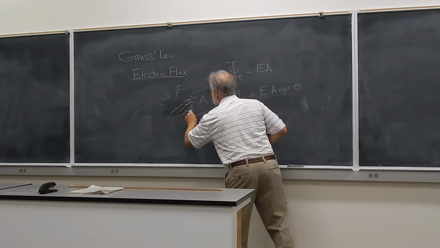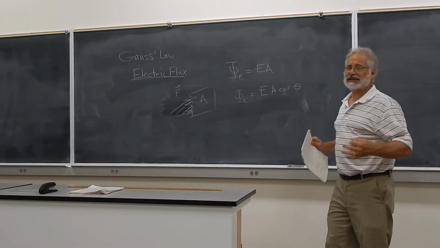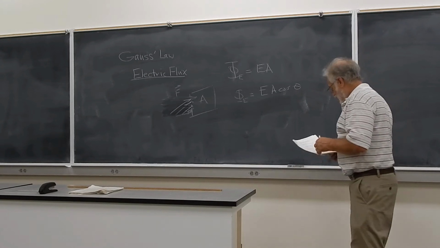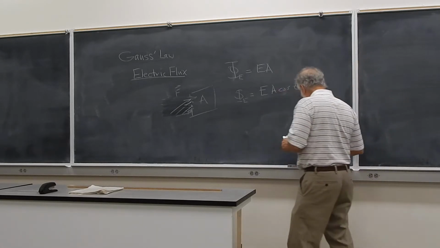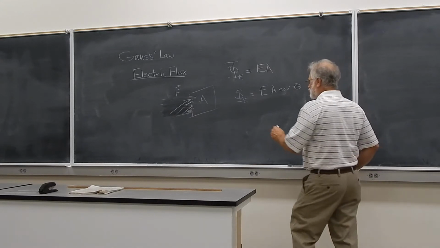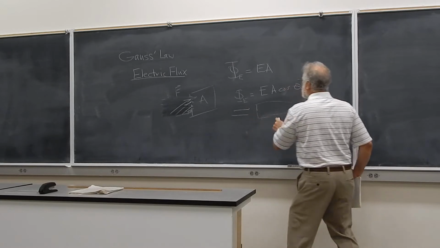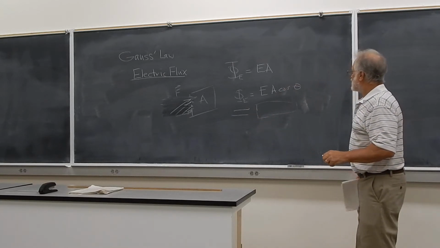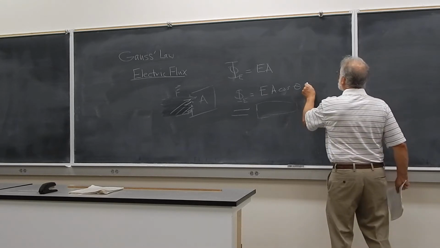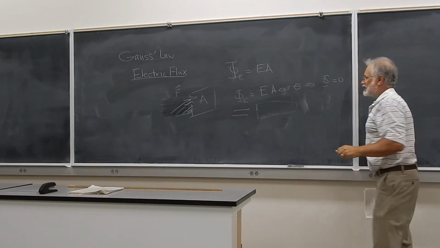So it would be decreased by a factor of cosine theta, since cosine theta can't be greater than 1. On the other hand, we can take it to extremes. If the field lines are coming parallel to the surface, such that theta is 90 degrees, of course the flux would be equal to 0 in this case.